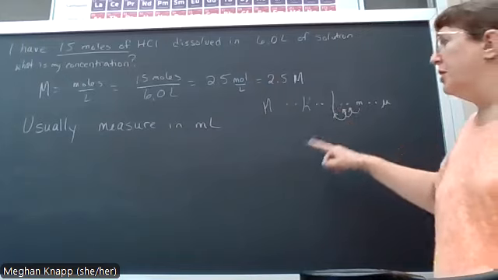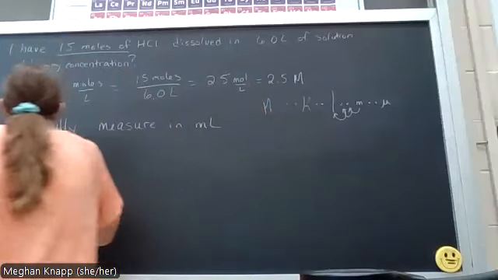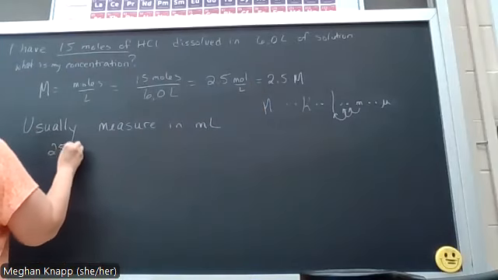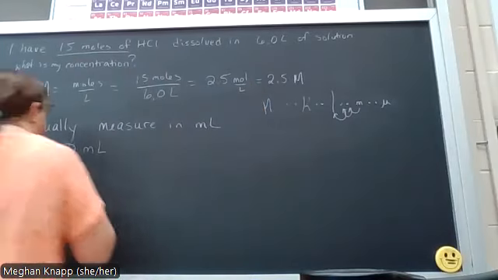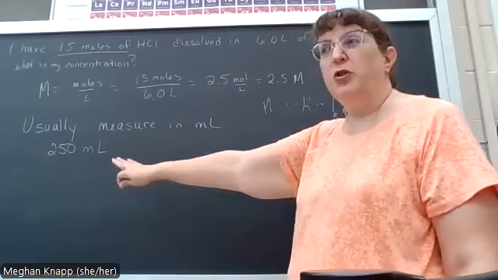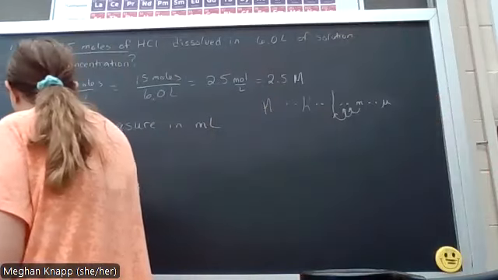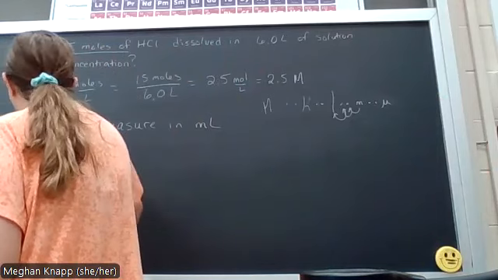So that means I'm going to move my decimal over 3 times. So if I had 250 milliliters, I don't have a decimal expressed, but I would know where that decimal point would be if it were expressed. I'm going to move it over 1, 2, 3 times.